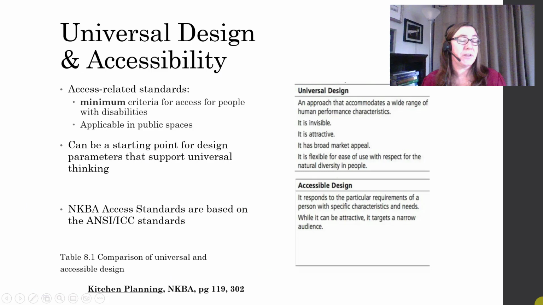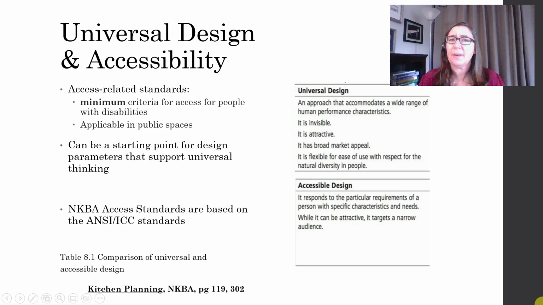The last thing I want to touch on in this video is the difference between universal design and accessibility. What are these two terms? All right. It turns out that access-related standards, all right, are minimum criteria for people with disabilities, and they are applicable in public spaces. So when you're talking about building code, all right, and the ADA, those are applicable in public spaces, not in residential kitchen and bath design.